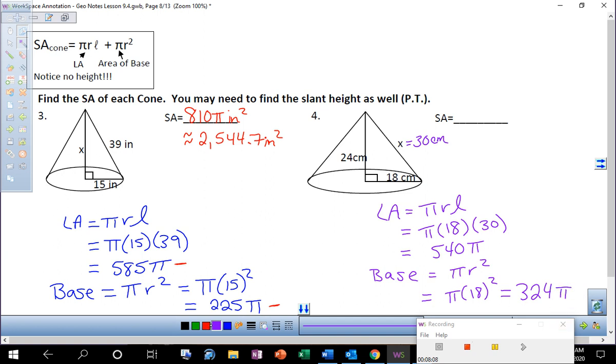So we can put together our 324 and our 540. So total surface area in terms of pi is 864. And as a decimal, approximately 2,714.3.